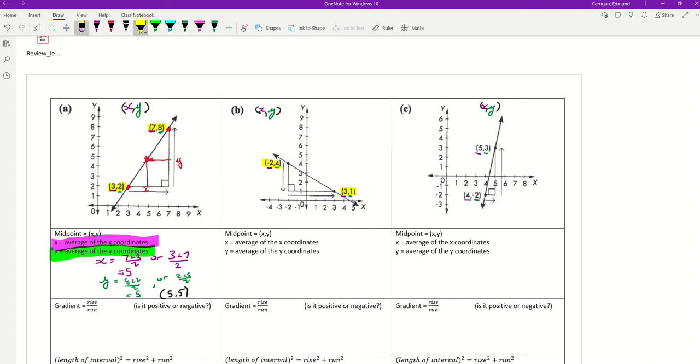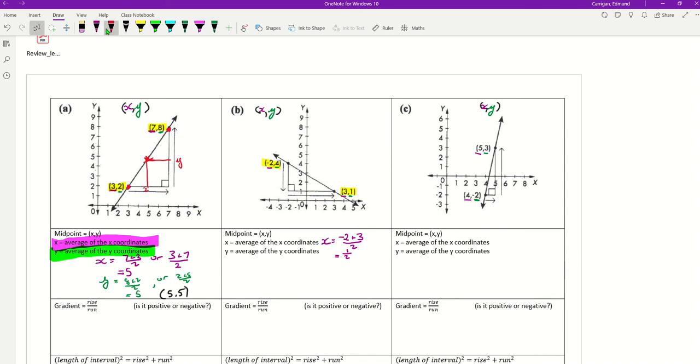Our x is the average of the x coordinates and our y is the average of the y coordinates. So our x, once again, is equal to the 2 points in any order, minus 2 is the one on the left, plus 3, all over 2. Now 3 minus 2, you can change it around, or minus 2 plus 3, put in your calculator, is 1 on 2, a half.